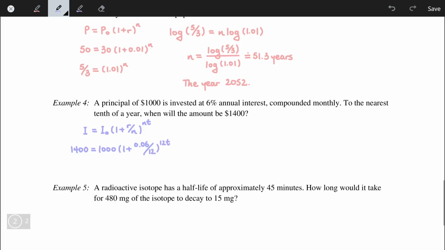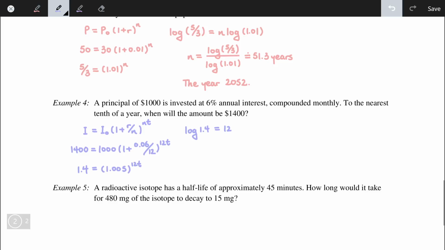We can divide both sides by 1,000, so 1.4 on the left-hand side. And on the right-hand side, 0.06 divided by 12 plus 1 is 1.005, and this is, of course, still to the 12t power. From here, we can take the logarithm of both sides, just as we did with the previous example.